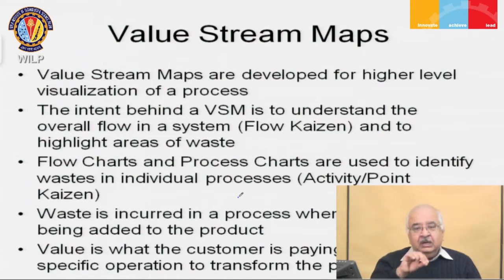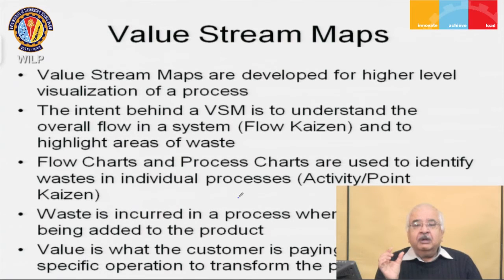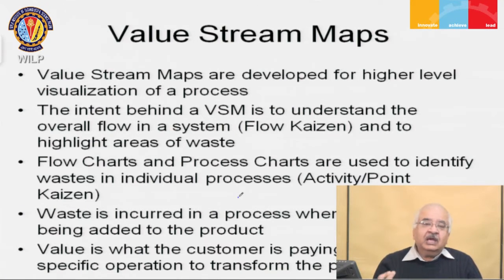That means you are trying to understand how a particular activity is taking place and how you can highlight points or areas of waste so that you can improve on that particular activity as an individual activity. That improvement in the individual activity, as we have mentioned earlier, may or may not result in an improvement in the overall flow of the material.